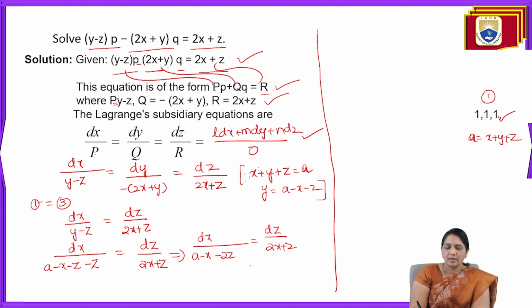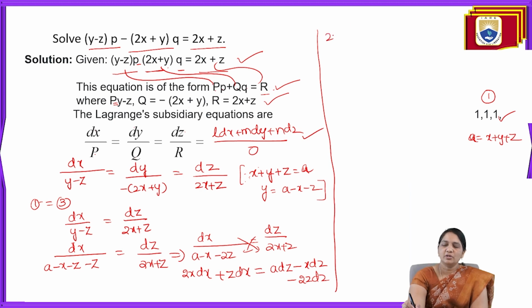So now I am going to do the cross multiplication. So 2x dx plus z dx equal to a dz minus x dz minus 2z dz. So I am going to simplify this one. 2x dx plus z dx, I am sending this one to the left side.